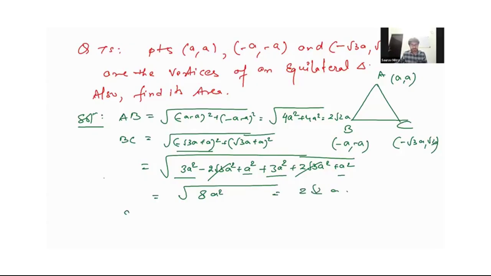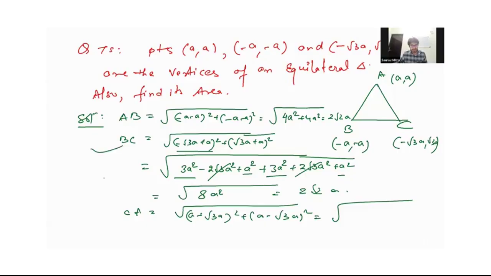Similarly for CA: a plus root 3a whole square plus a minus root 3a whole square. If we open the square, you are getting the same expression as for BC, so you will again get root 8a square.